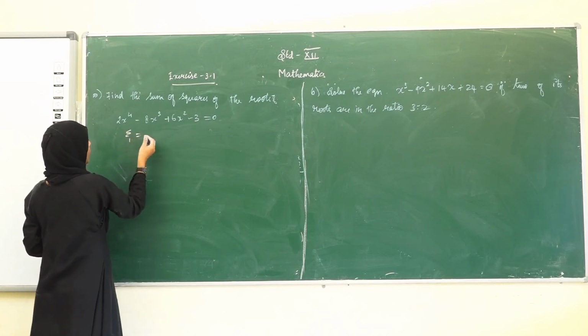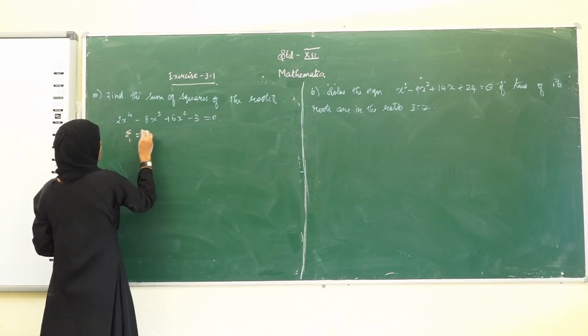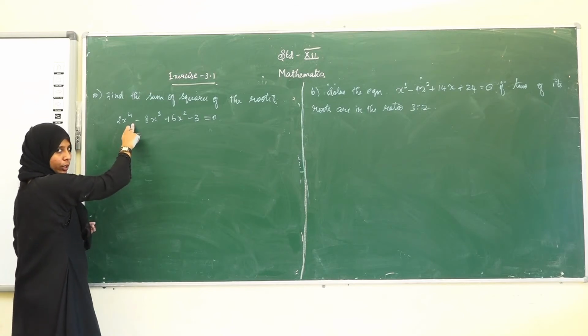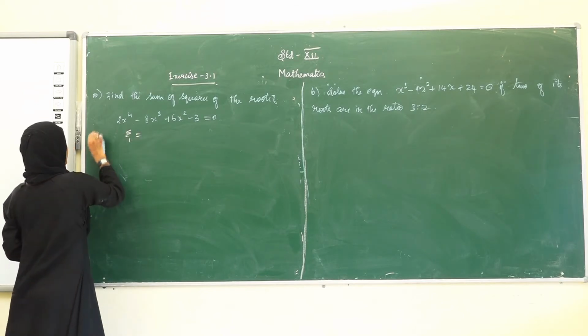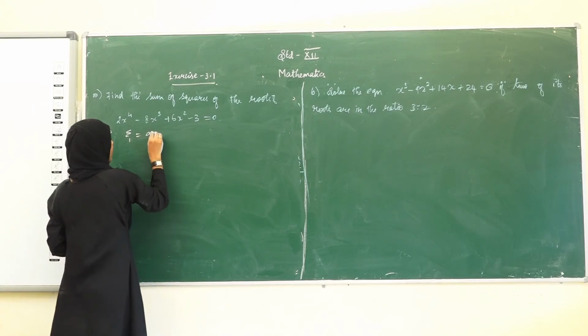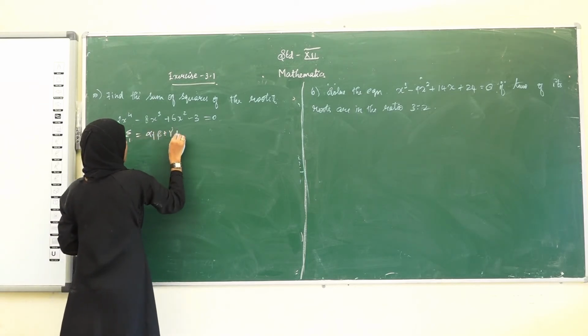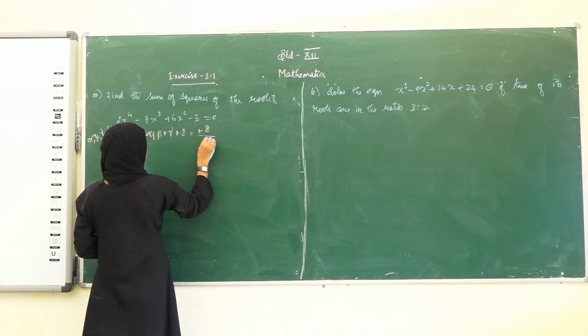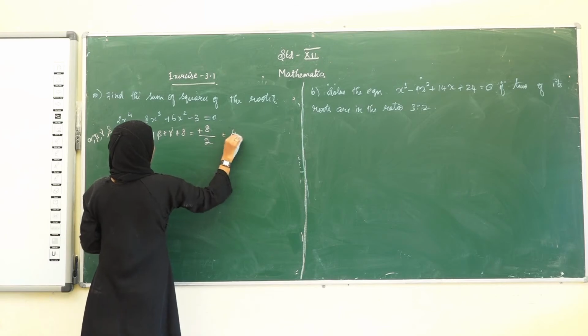So summation 1 is equal to, see here this is a polynomial of degree 4, therefore it contains 4 roots, that is alpha, beta, gamma and delta. Therefore alpha plus beta plus gamma plus delta is equal to minus 8 divided by 2, that is equal to 4.